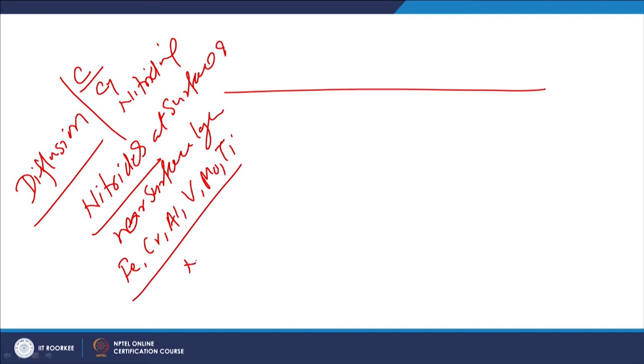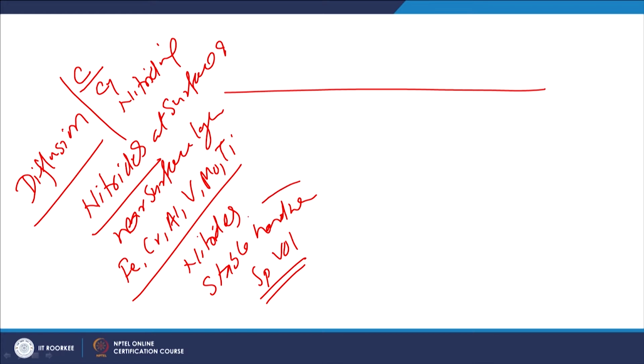We want those nitrides which are stable, which are hard, and of course which are accompanied by an increase of specific volume. This is not the target, but the increase in hardness is the prime objective.